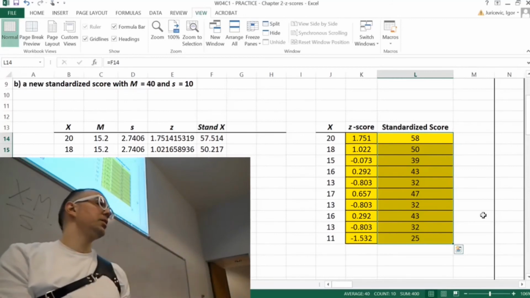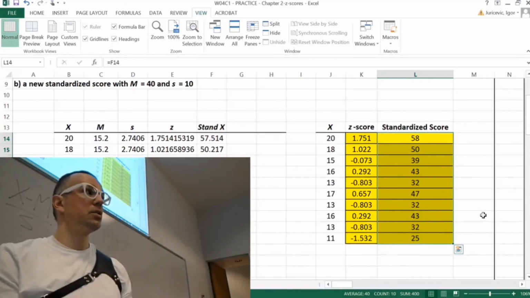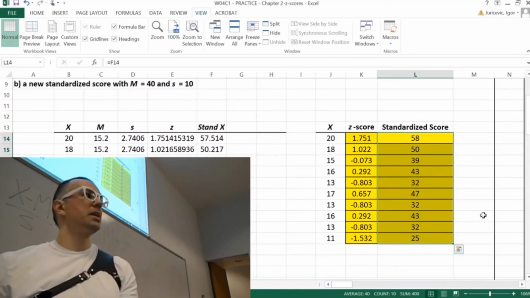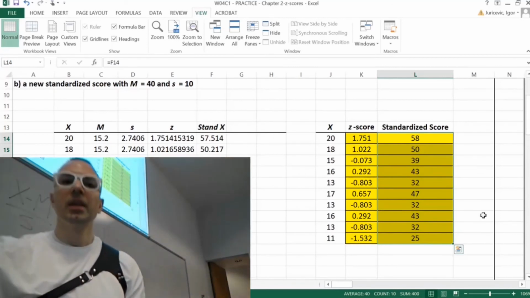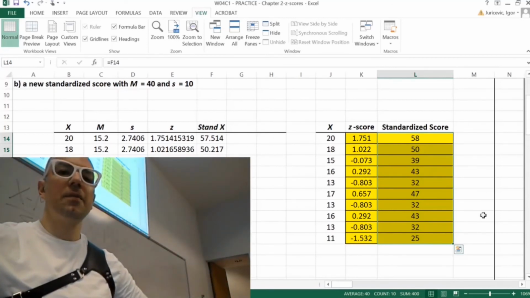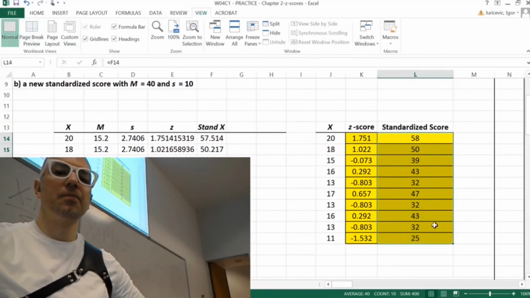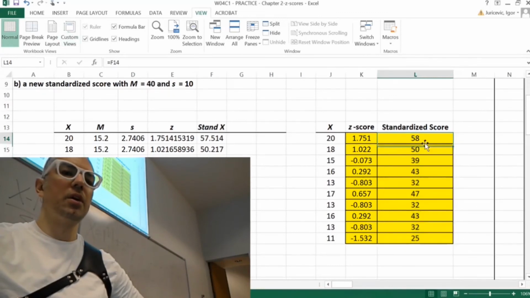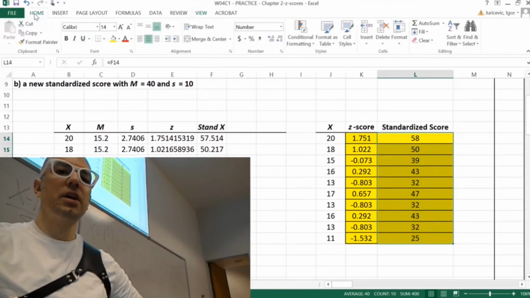So first thing to take comfort in is your number is there, right? If you use the equals function, regardless of how many decimals are being displayed, all the decimals are still there. Second thing to know is that if you do want to see the decimals, you can take a look at them. If you highlight your scores here, and then you go up here to Home, in the Home menu, you'll see these 2 buttons here.